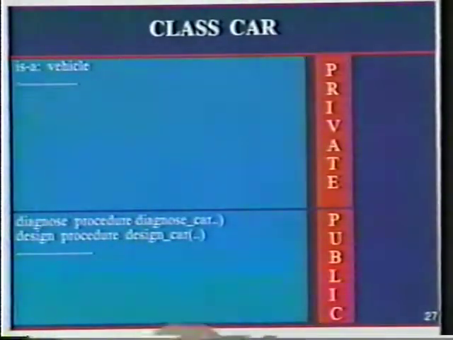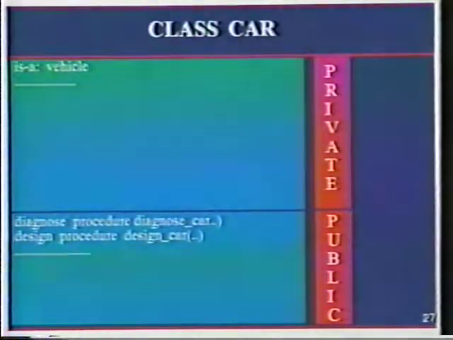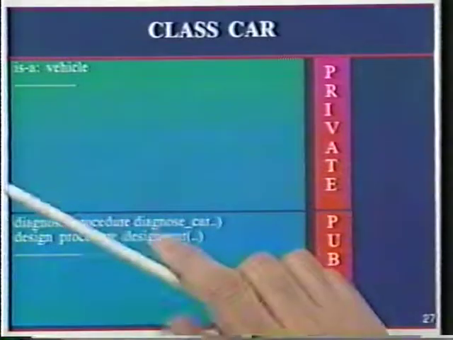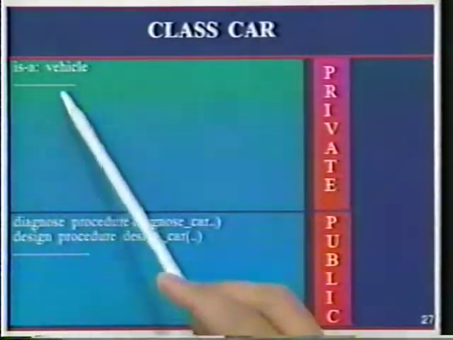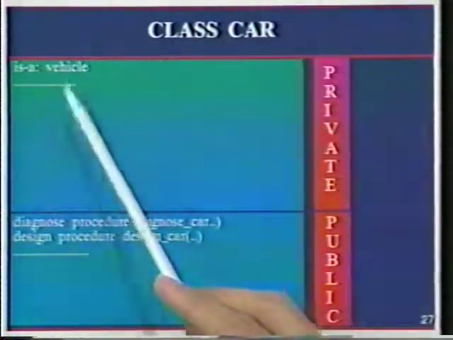Now, the class car is a vehicle. We'll come to vehicle soon and see how the vehicle looks. We have all the elements which are common to all the cars.